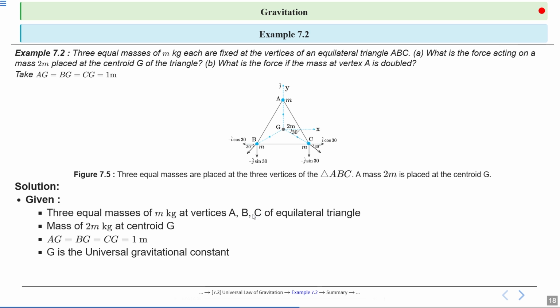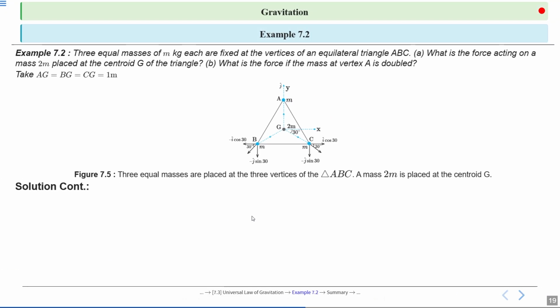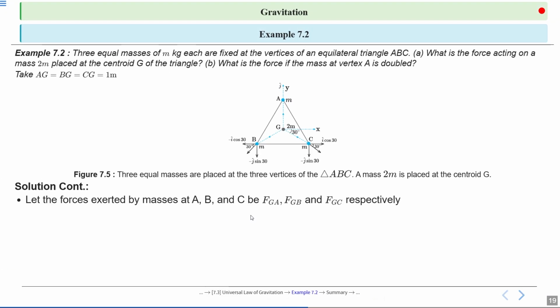And G is the universal gravitation constant. Alright. So let the forces exerted by masses at A, B and C be FGA, FGB and FGC respectively. This notation helps us keep track of which mass is exerting which force.